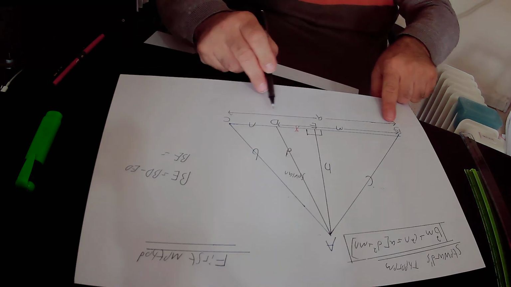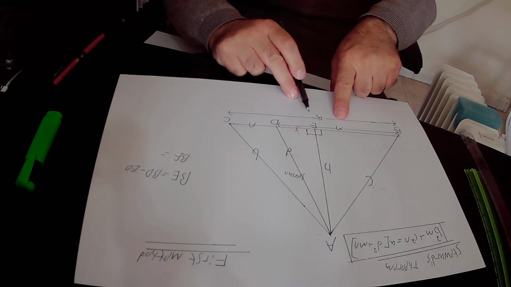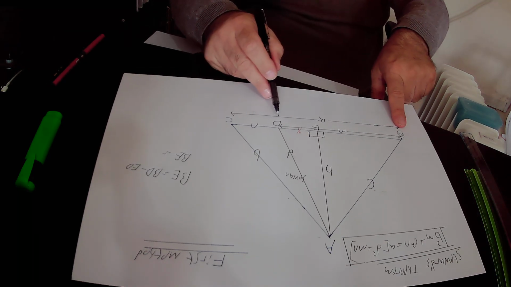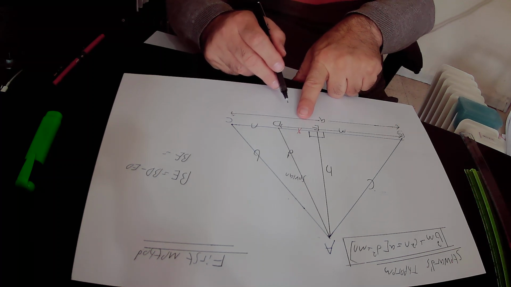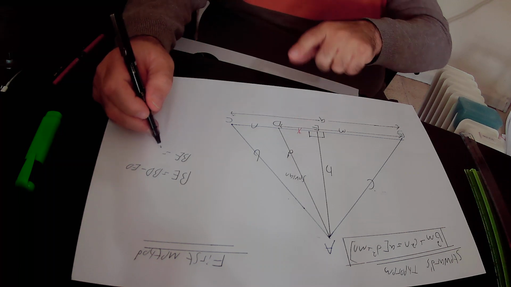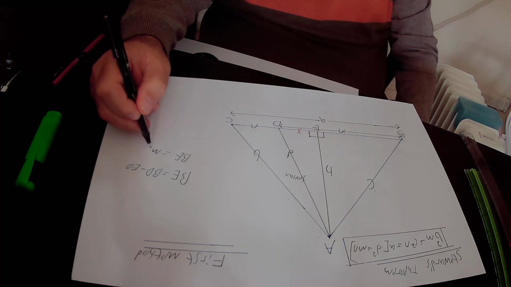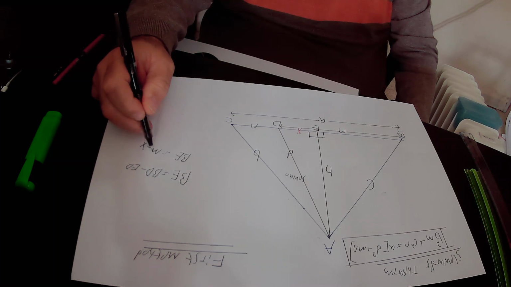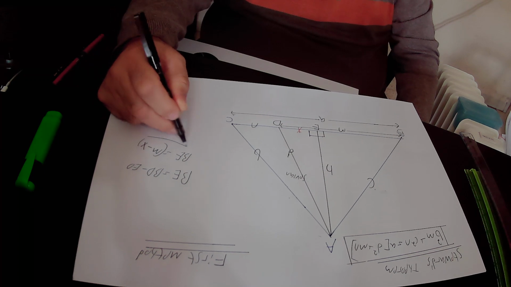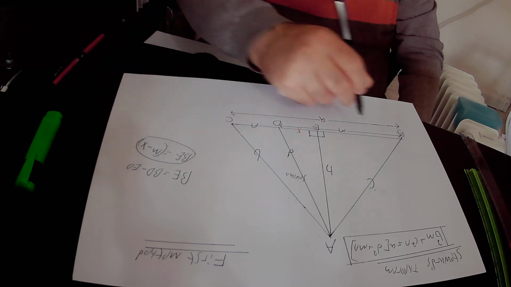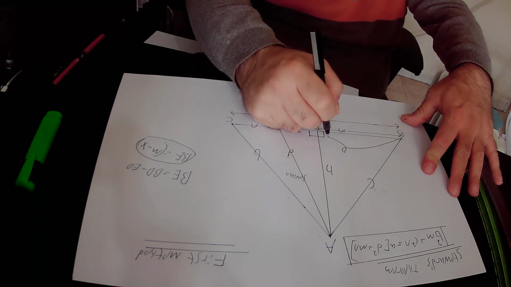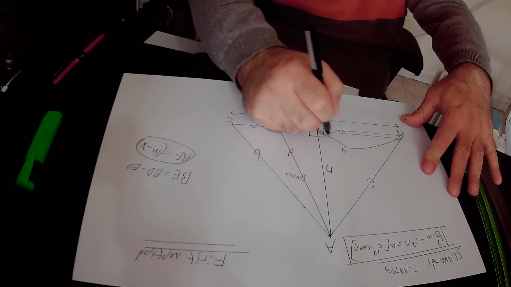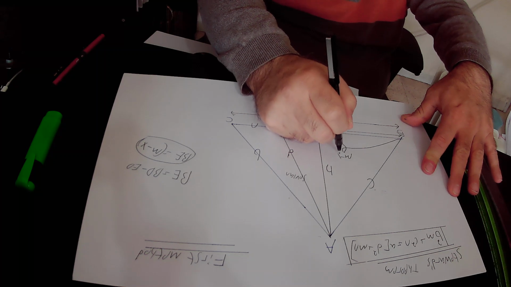BD equals m units in its length, as you can see here, and ED equals x according to our definition. So we substitute BD by m and ED by x, and we get the conclusion that BE equals m minus x units in its length.